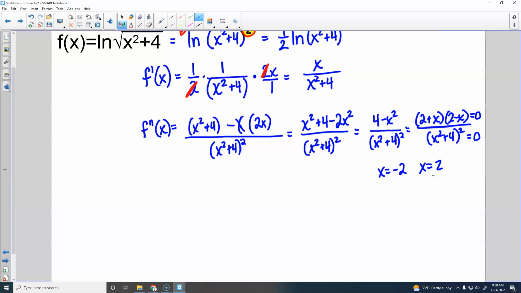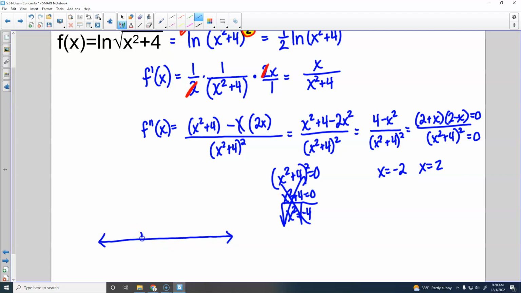Squaring it, still positive, right? That's never going to equal 0. If you set it equal and try to solve, you would square root both sides. x squared plus 4 would equal 0. You'd end up with x squared equals -4. And when you try to square root that, imaginary. So you don't get anything out of that denominator because it's always positive. So our sort of critical values that aren't called critical values for the second derivative.